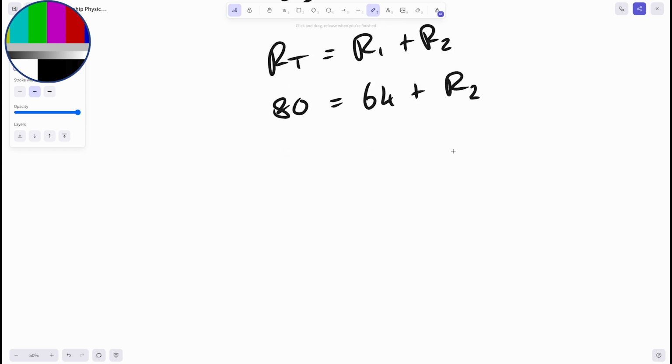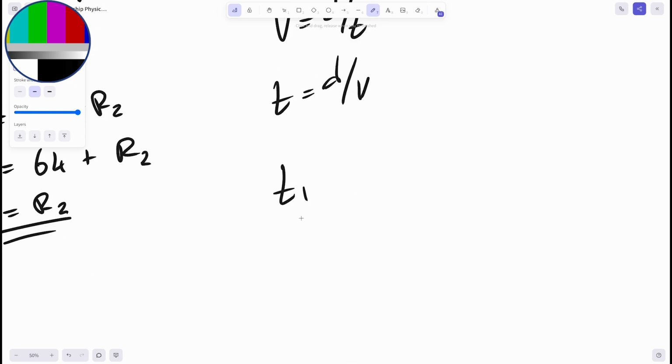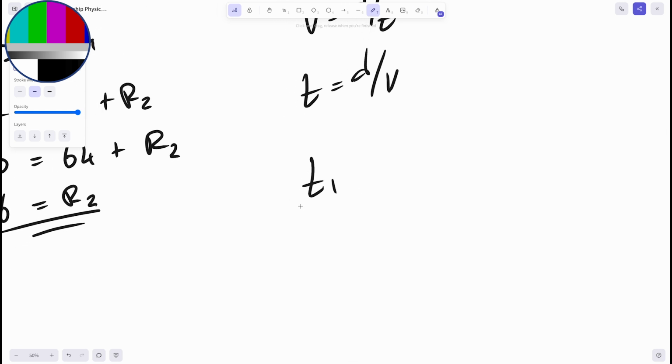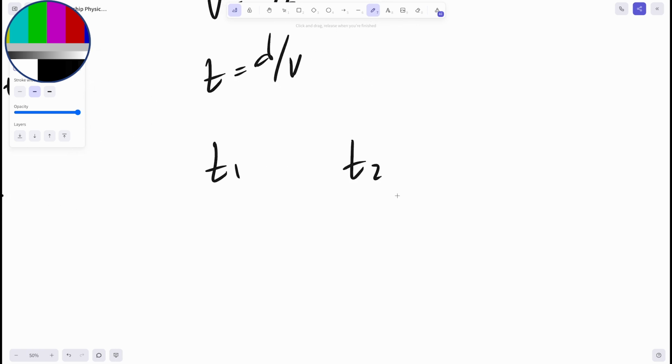Therefore, our R2 is equal to 16 meters. Now again, as our velocity is distance over time, our time is our distance over our velocity. We can define T1 as the time taken for the ball to travel the distance R1, and our T2 as the time taken for the ball to travel distance R2.